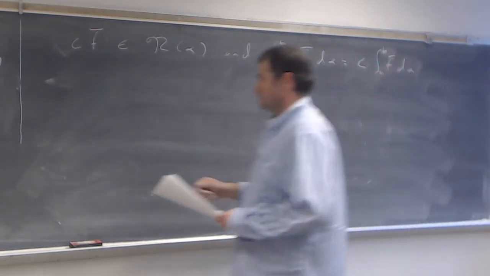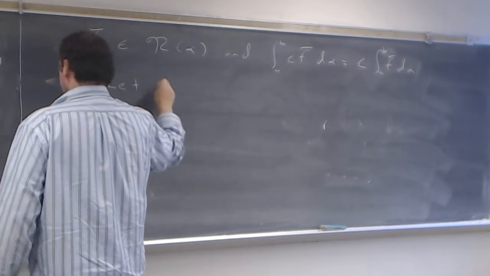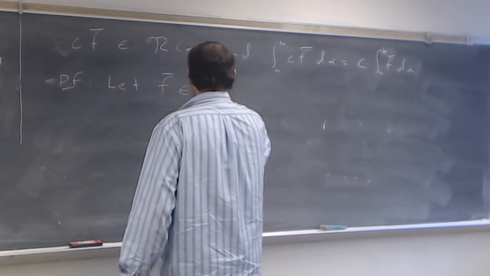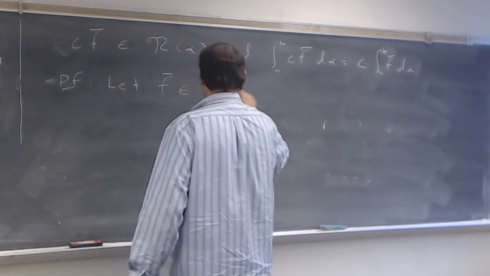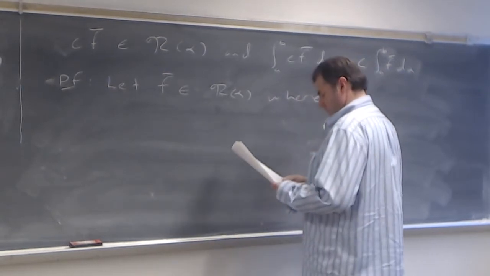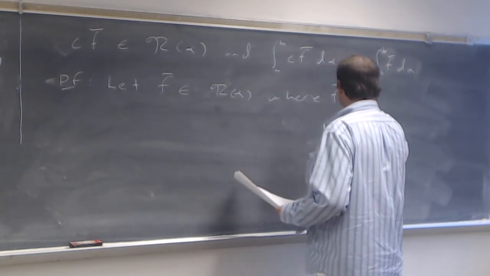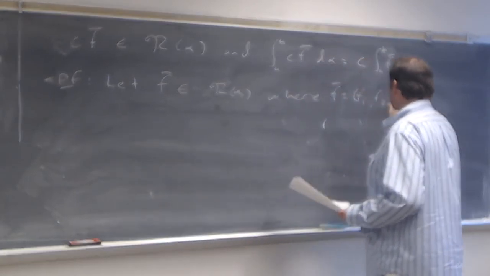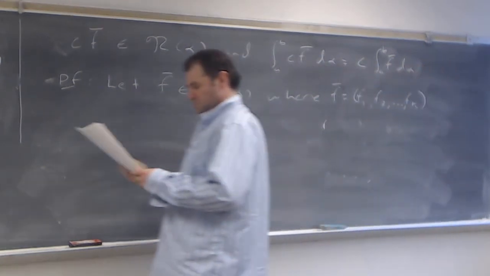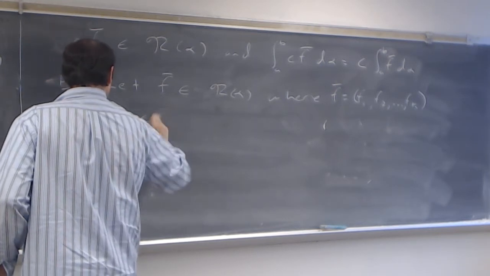So let's look at the proof. So we let f bar be Riemann-Stieltjes integrable, where f bar is equal to f sub 1, comma f sub 2, comma f sub k, and we have c is a real number.